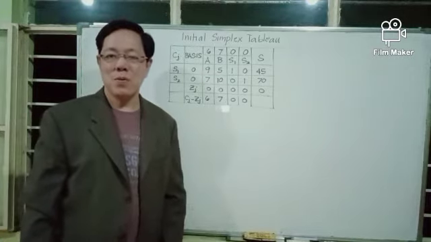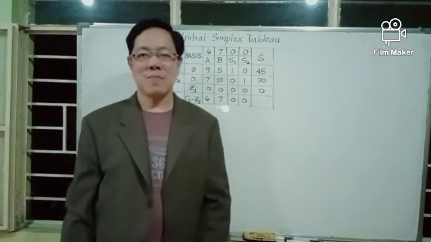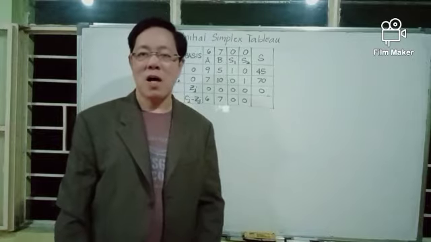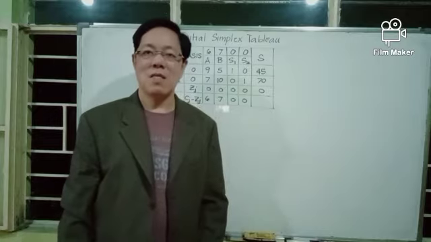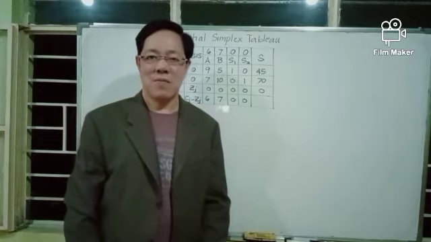For those of you who missed Lesson 5, just search for my tutorial video in my channel Art Kalison, in the playlist for Mathematics in the Modern World, and look for Lesson 5.